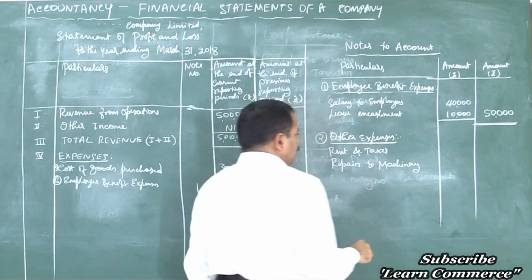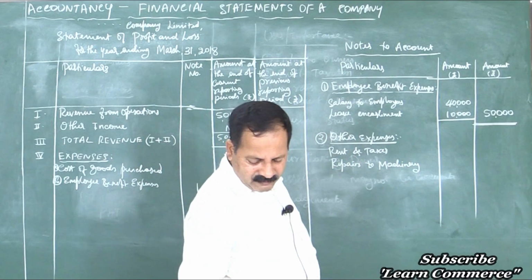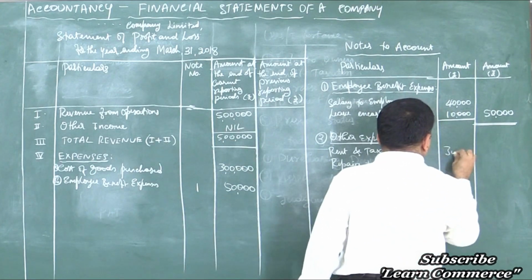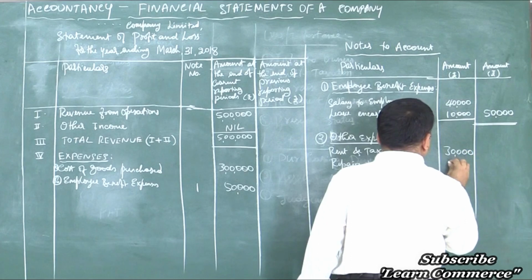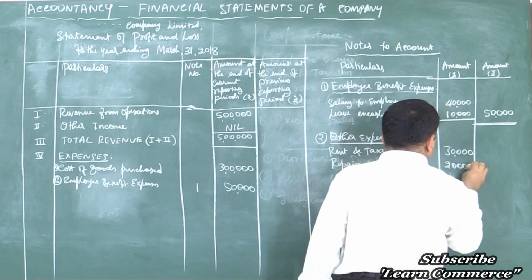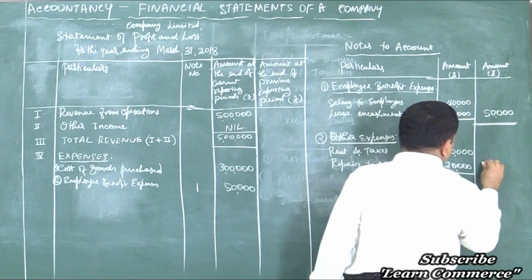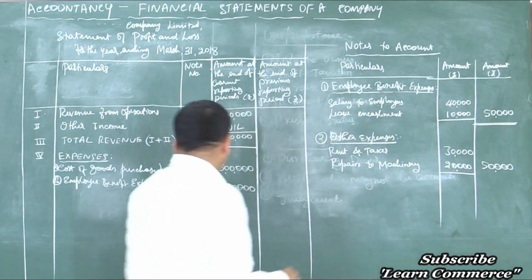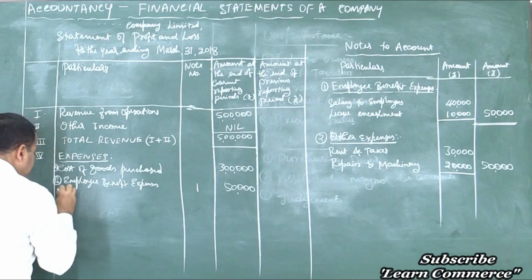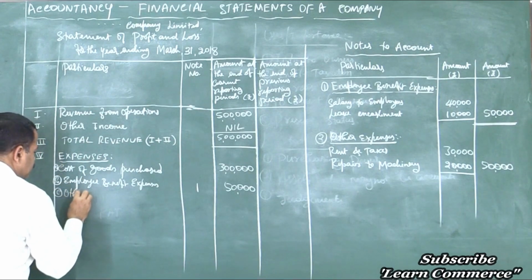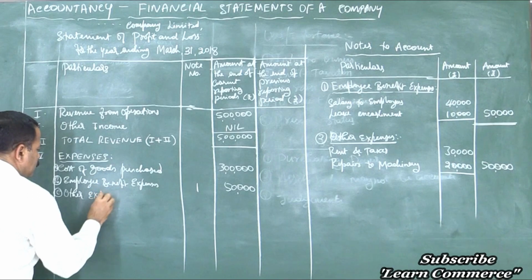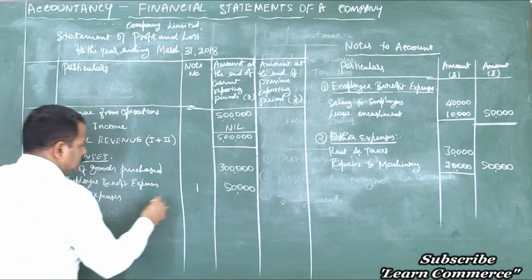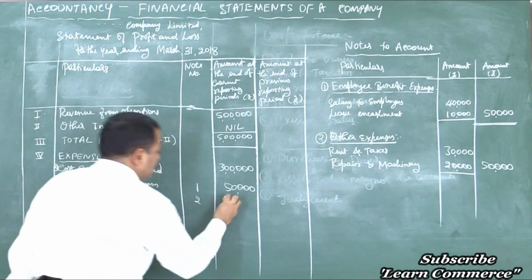How much is it? 30,000 and 20,000, 50,000. Isn't it? So right here, third one, point C, other expenses. Note number 2, 50,000.